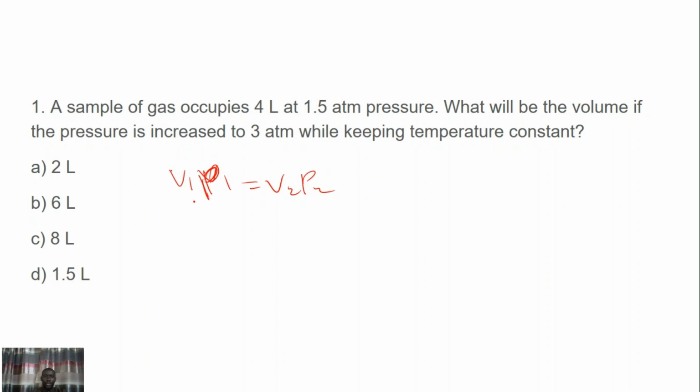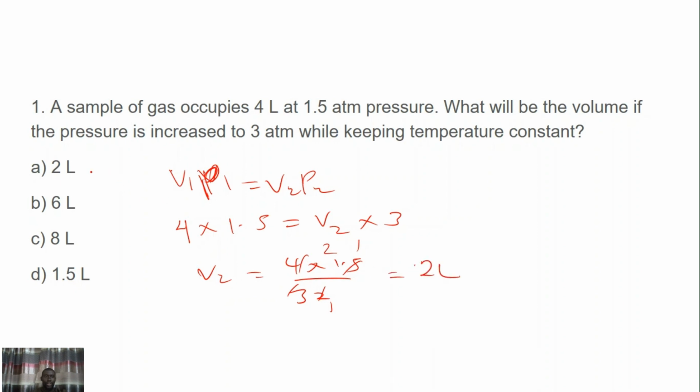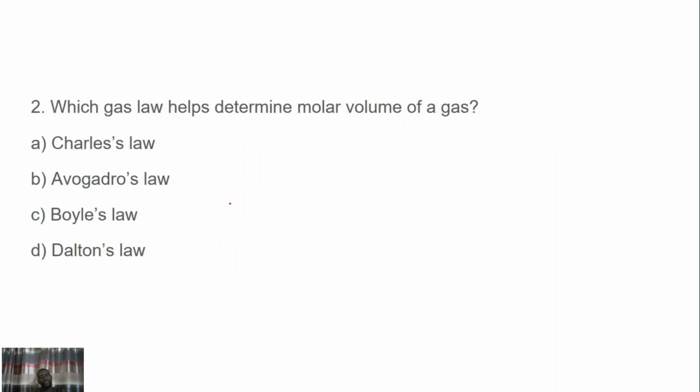V1 is equal to 4, times P1, 1.5, is equal to V2, which we want to calculate, times P2, 3. So V2 is equal to 4 times 1.5 divided by 3. Here 1, here 2. So the volume will be equal to 2 liters. The correct answer is A.